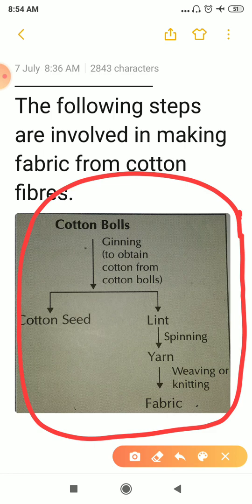From those cotton balls, the cotton seeds are separated in a process called ginning, and from that a lint is prepared. After that lint, spinning, from spinning yarn is produced, and from those yarns, by the process of weaving or knitting, we prepare fabrics.